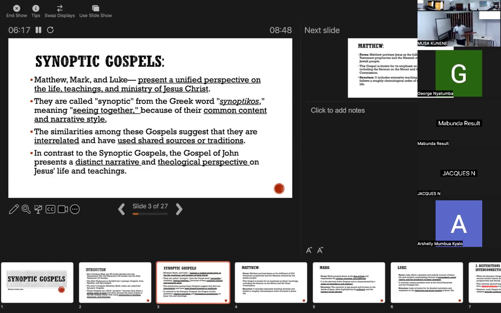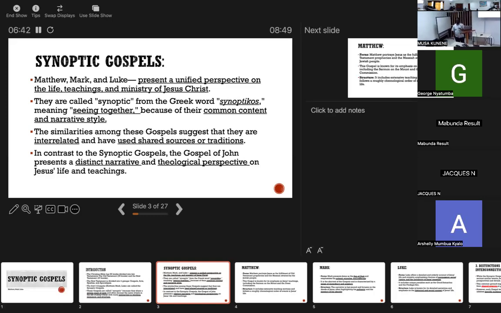And for some scholars, it is seeing together through the same eye. So they view together through the same eye, and this is so because of their common content and narrative style.